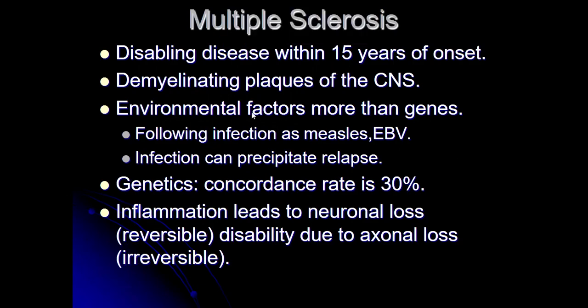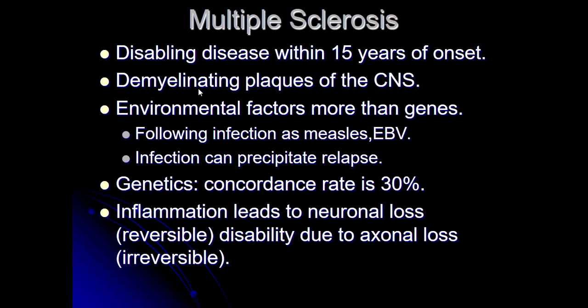So just summary points for multiple sclerosis then. It's a disabling disease: within 5 years of onset, usually the patient will be disabled or crippled in general.